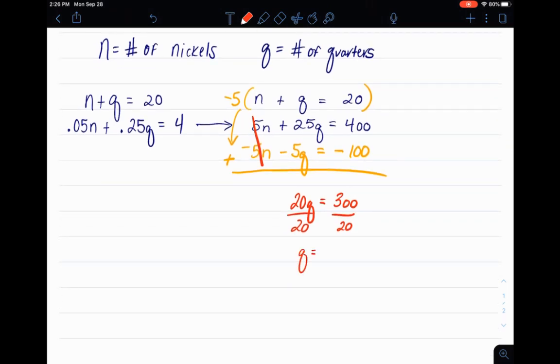What's 300 divided by 20? 15? 15 what? What does that mean? Quarters, right? Okay, 15 quarters. So we're talking about how many quarters and nickels it would take to make my 2 equations equal each other.